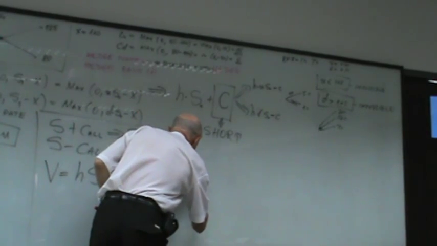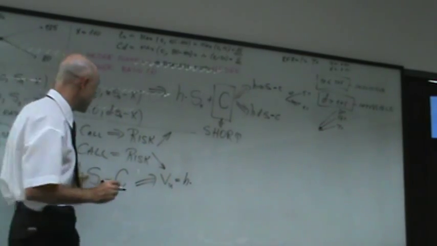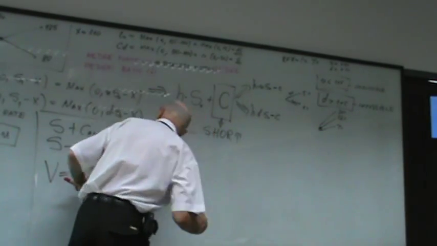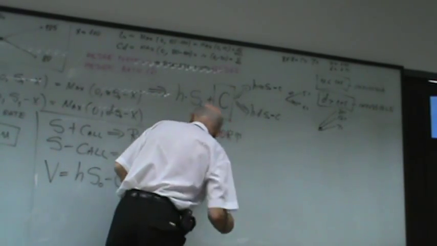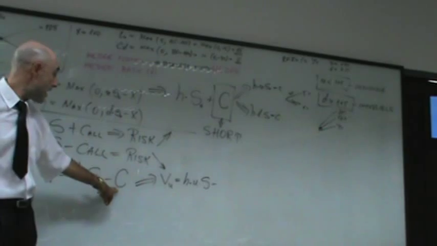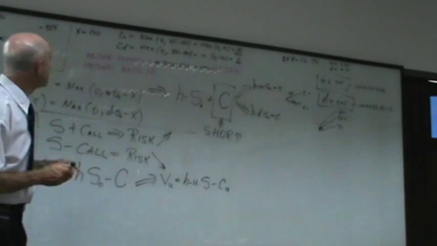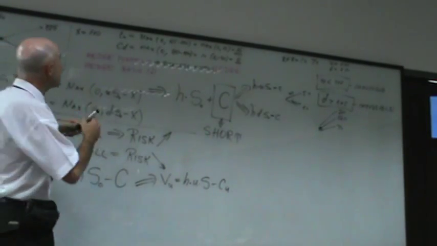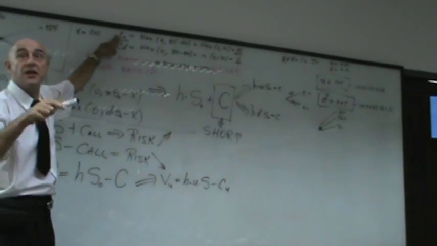The value, if it goes up, will be equal to H times U times S0, and then you have the value of the call on the upside, C_U. C_U is the value of the call if the stock goes up.